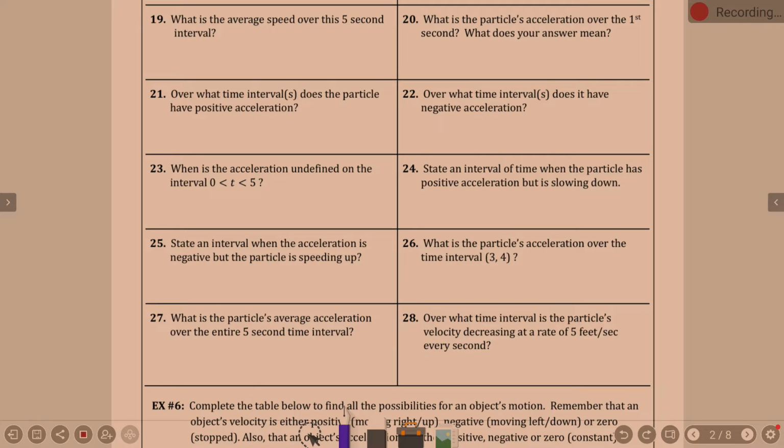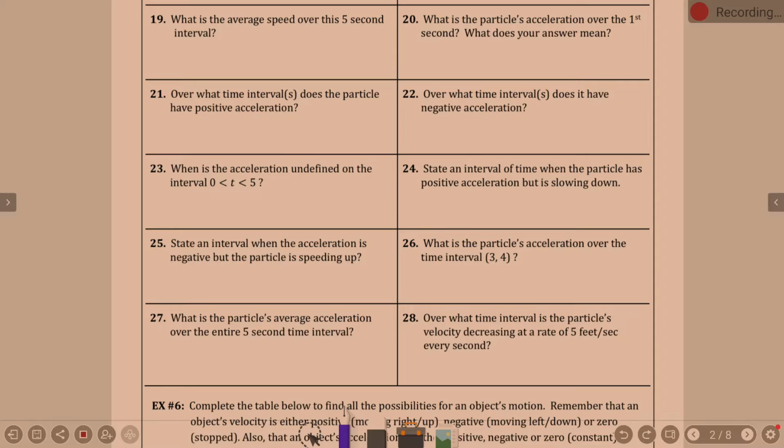Okay, but when we talk average speed, think how is speed measured? Like when you're driving out on the road, speed is measured as miles per hour. So miles is a distance, hours is a time, right? So when we're talking about average speed, we're thinking in terms of distance divided by time. What is our distance here?